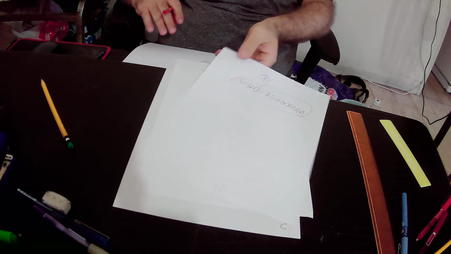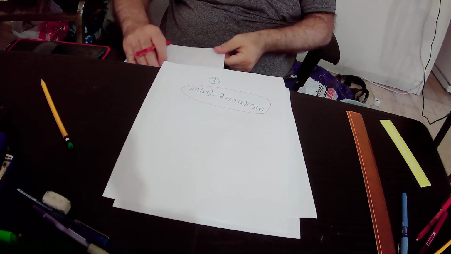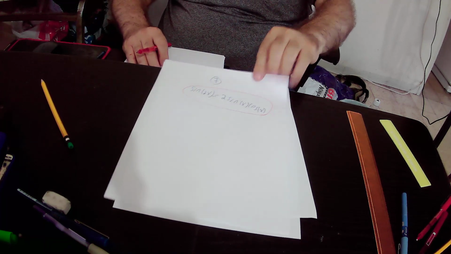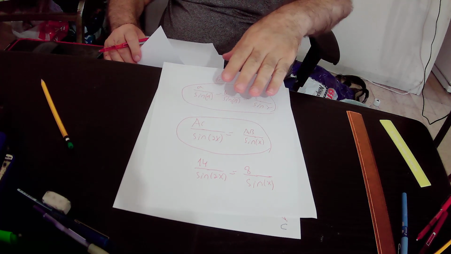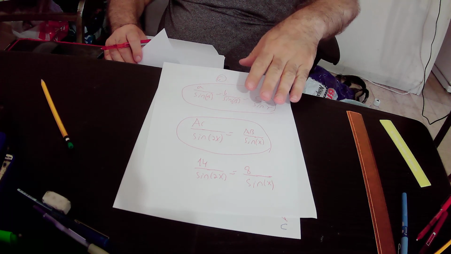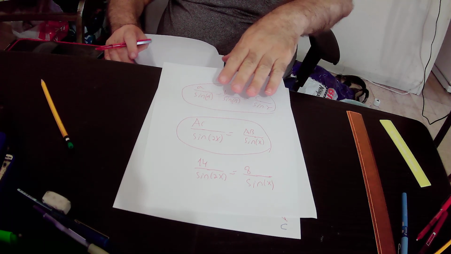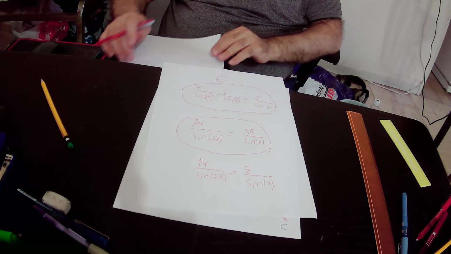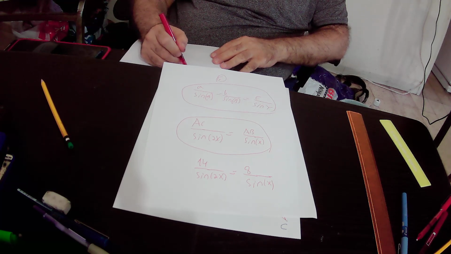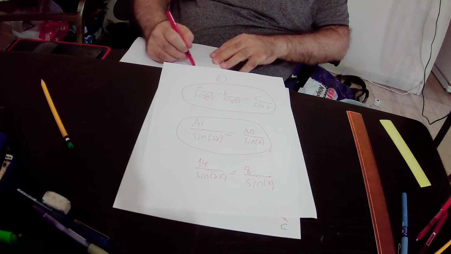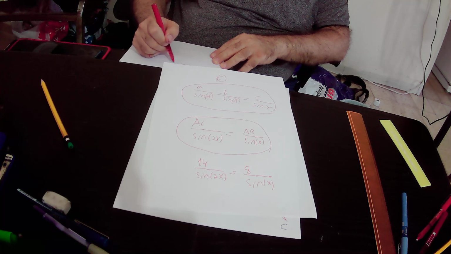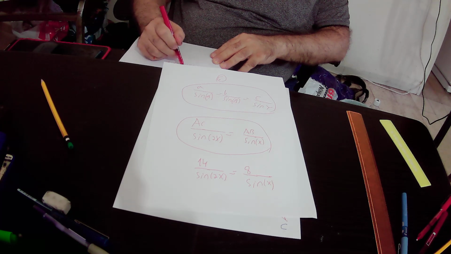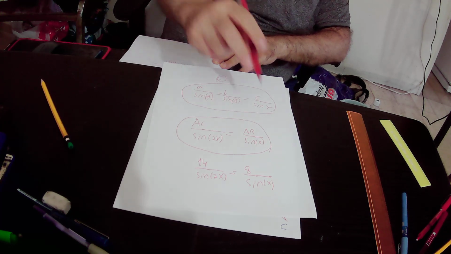We use this trigonometric identity in order to calculate the value of sine x. So here we will get that 14 over 2 sine x cosine x equals 8 over sine x.